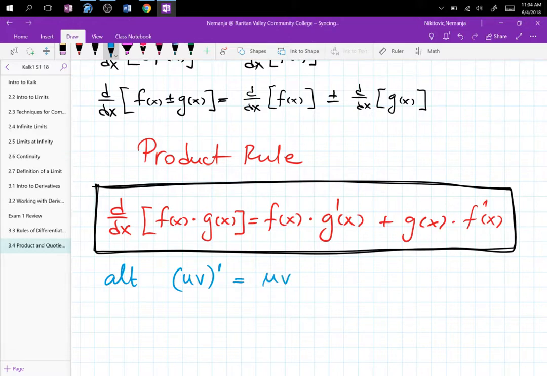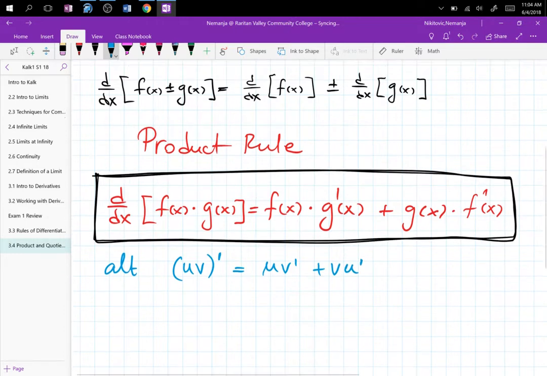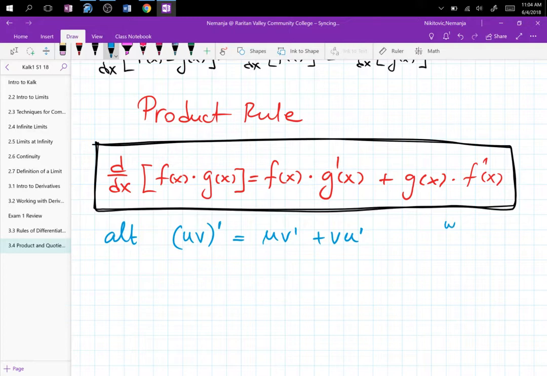If you want to memorize it that way, by all means, remember that. So the derivative of the product, right? You're supposed to be able to figure out when you have a product of two functions.